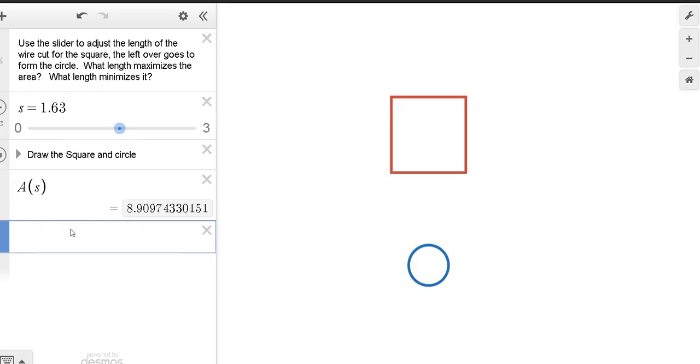All right. So A of 0 gives me about 11.46. Then at 12, something doesn't feel right about 12. Let's see.